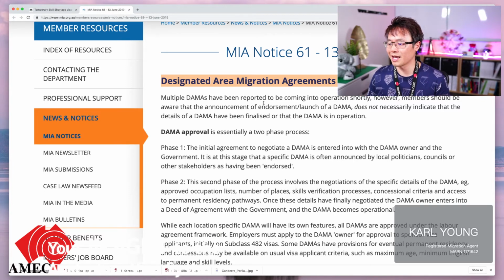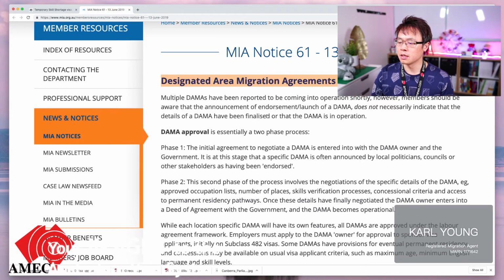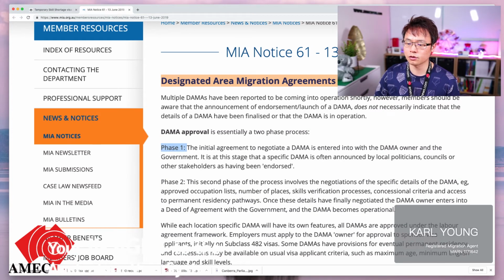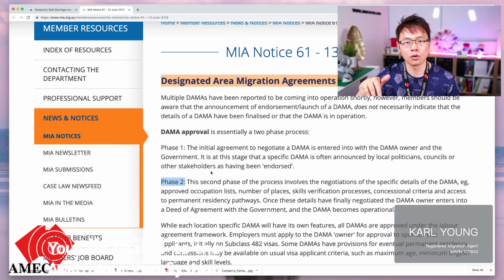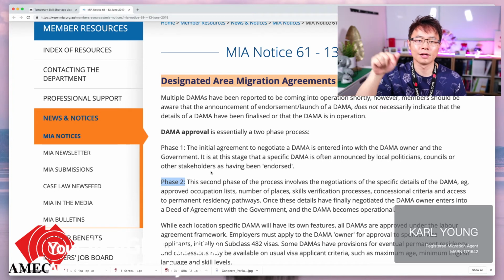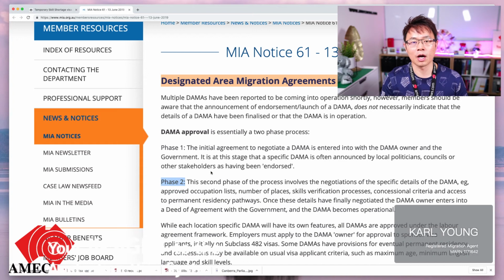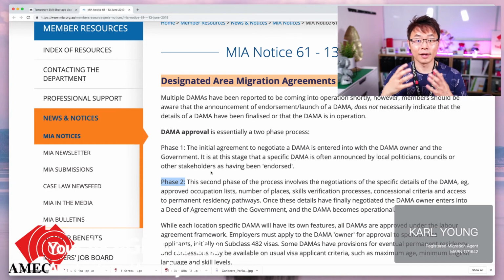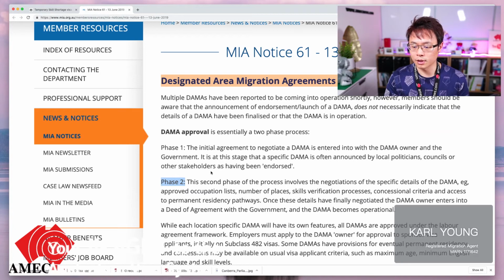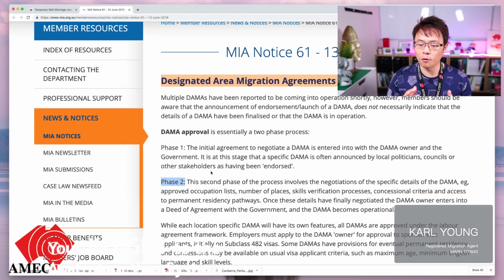So DAMA actually lowers the requirements, but then you have to go through two phases. You can see here phase 1 and phase 2. You're required to go through your local government and get that approval, then enter into a labor agreement with the Department of Immigration and nominate whatever role you require. So generally it will actually help out a lot of businesses in the regional area.